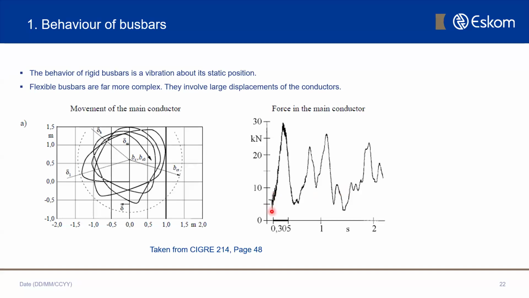Now, what's important here is that you can see initially the tension in the conductor was around 6.5 kilonewtons, and due to the short circuit current and resulting electromagnetic fields, it shot up to 30 kilonewtons in very quick time. So this is a very complex phenomenon, and it's a dynamic force or impulse force that will need to be applied onto the structure. In terms of the loading, it would be considered as an accidental load.